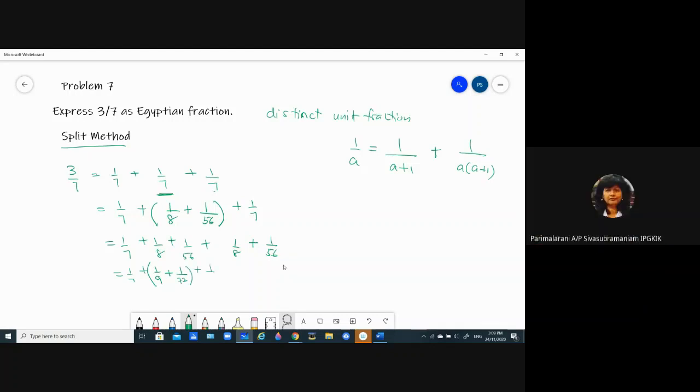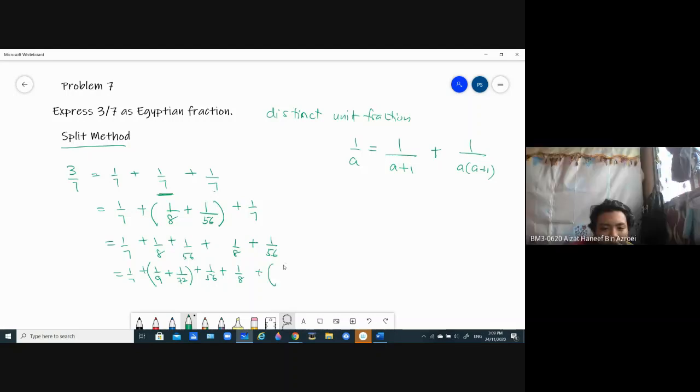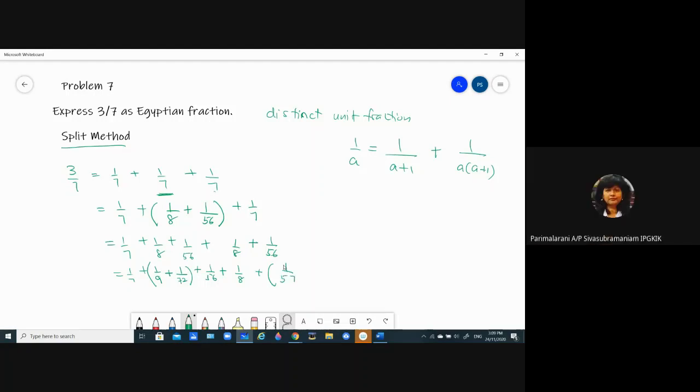Plus 1 over 56. This 1 over 8 we can leave, because now there are no more repeated 1 over 8. This 1 over 56 we must change using this formula. So this will be 1 over 57 plus 1 over 57 times 56, which you get 3192.